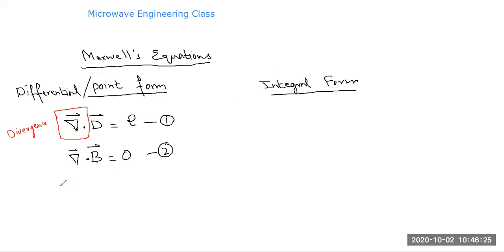Similarly, the other two equations are related to the curl operation, and you people know curl is represented by this notation. So you can either take curl of E, and in the second equation, we will take curl of magnetic field.